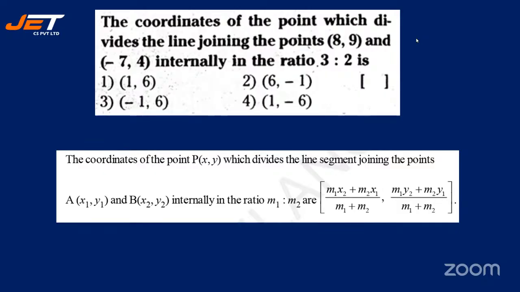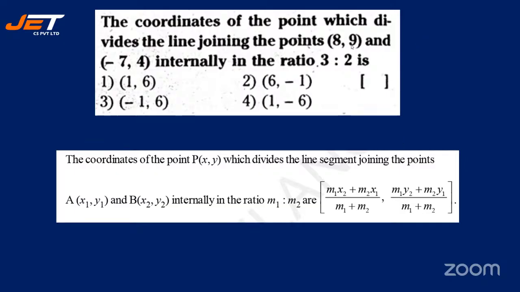The coordinates of the point P(x, y), which divides the line segment joining the points (x1, y1) and (x2, y2) internally in the ratio m1:m2 is (m1x2 + m2x1)/(m1 + m2), (m1y2 + m2y1)/(m1 + m2). Isn't it? Being the first sum, let's do this and get the answer.